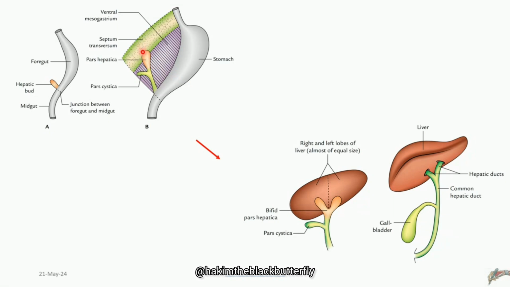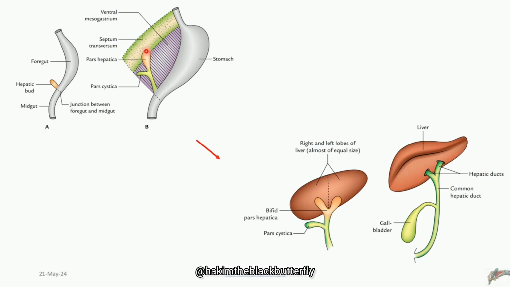That liver that is developing is going to largely be contributed to by this septum transversum here. Remember, the liver has connective tissue, and that connective tissue is going to come from this mesodermal structure that we call the septum transversum.